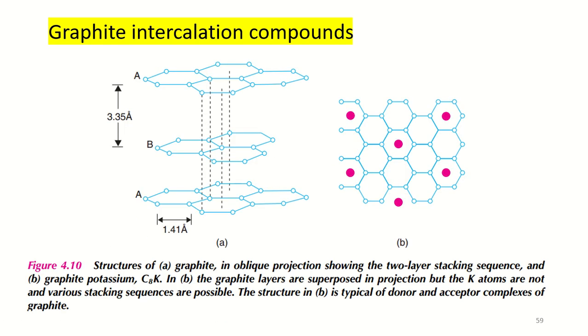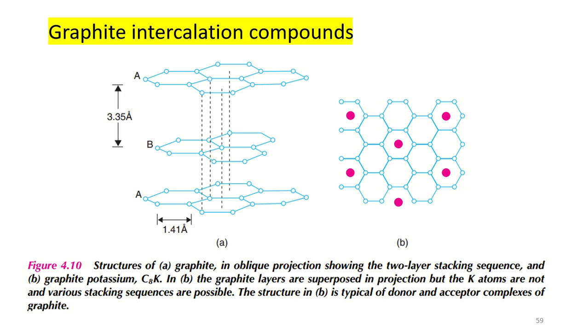The actual structure of graphite, the carbon atom in graphite, is quite important for these kinds of reversible reactions, because the carbon atoms in this hexagonal structure arrange themselves in such a way that every carbon atom is attached to the three nearest carbon atoms and maintains a distance of 1.41 angstrom, while the layer distance is 3.35 angstrom.